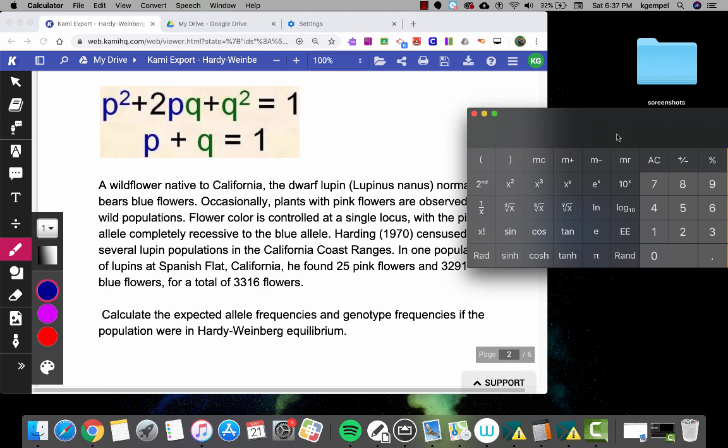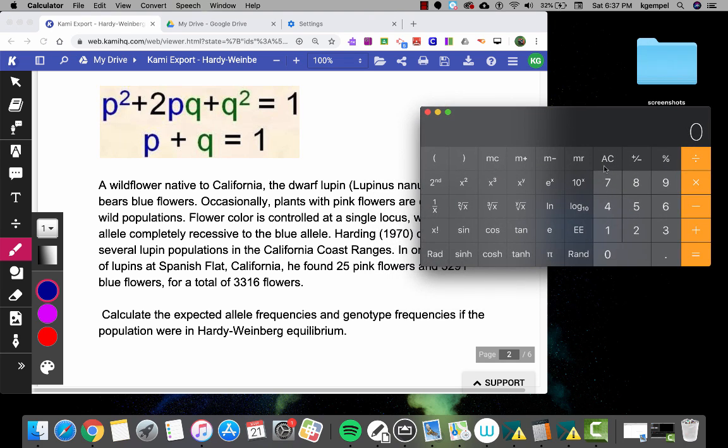3,316. So this one I definitely need to use my calculator for. And so I have 25 divided by 3,316. So it's giving you some information here, and a lot of times people just start putting these numbers in, but you have to figure out what we have to start with: Q squared.